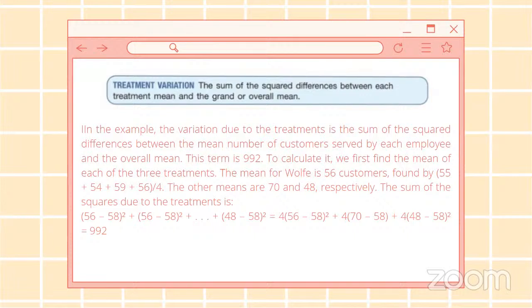The sum of the squares due to the treatment is 4(56 minus 58) squared plus 4(70 minus 58) squared plus 4(48 minus 58) squared, which equals 992.